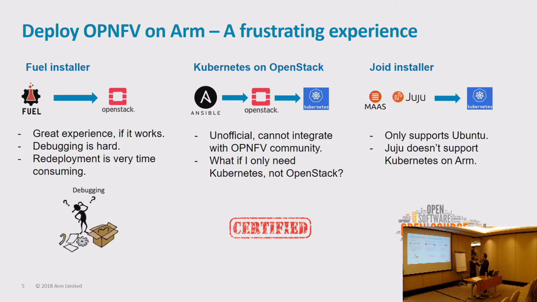But the problem is that Joid only supports Ubuntu because it's Canonical software. It doesn't support CentOS or other distros, so it is not distro neutral. The second problem is that Juju doesn't support Kubernetes on ARM. We wanted to contribute to the Juju project, but this was not very smooth. We didn't think it was a very successful try.